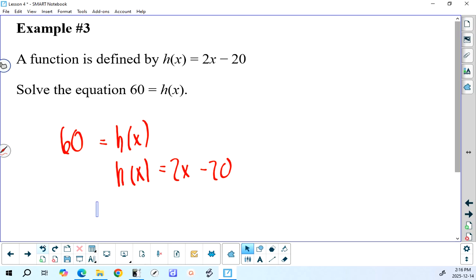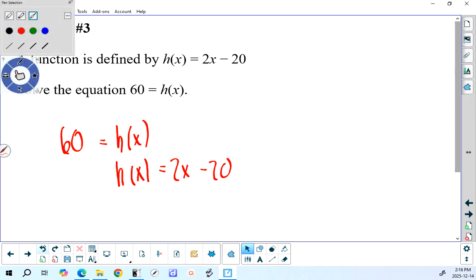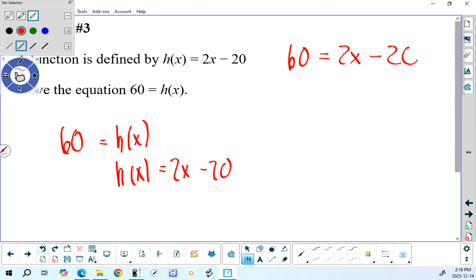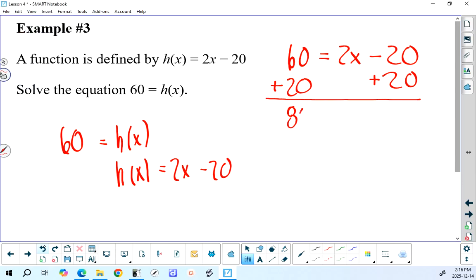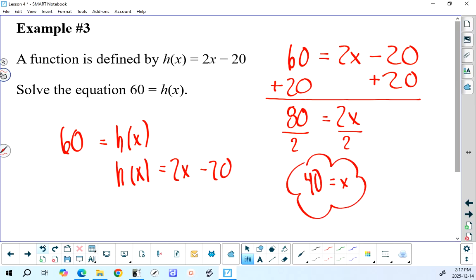That must mean 60 equals 2x minus 20. Another basic junior high question, we can add 20 to both sides and get 80 equals 2x. Divide both sides by 2. Get x equals 80 over 2, which is 40. And that's the answer to example 3.